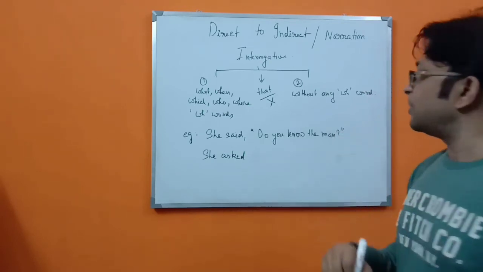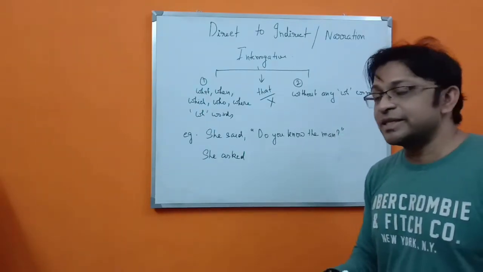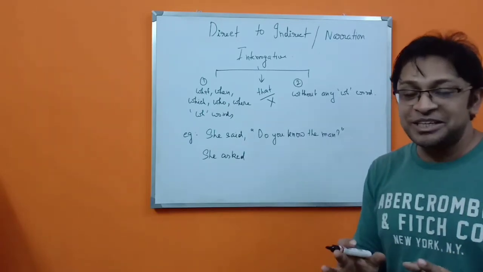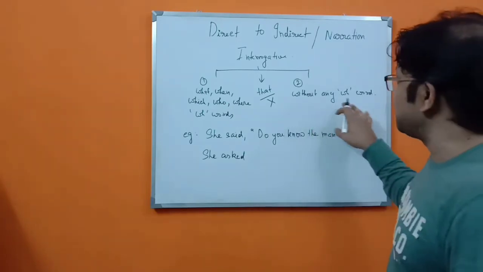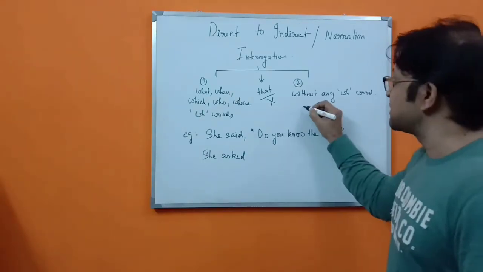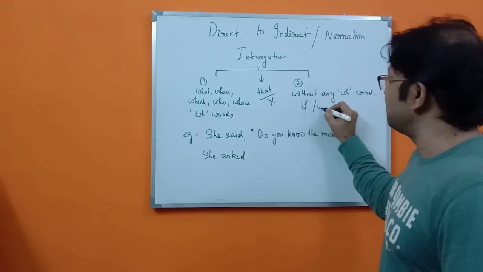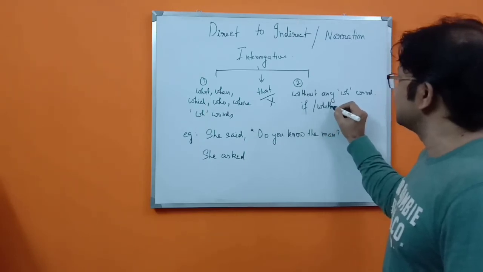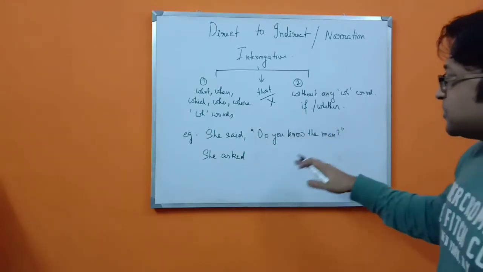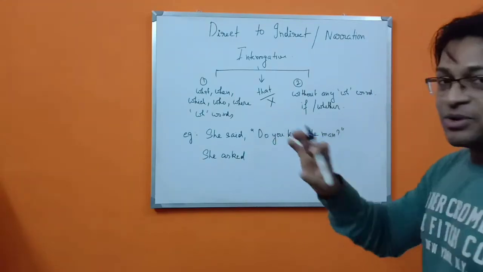Question mark, inverted comma, close. Now you have to remember one thing. Note it down very carefully because these are going to come in your exams. So without any WH word, what am I going to use? I am going to use if or whether. Any one of it, either or. So here in this sentence, I can use either of these words.